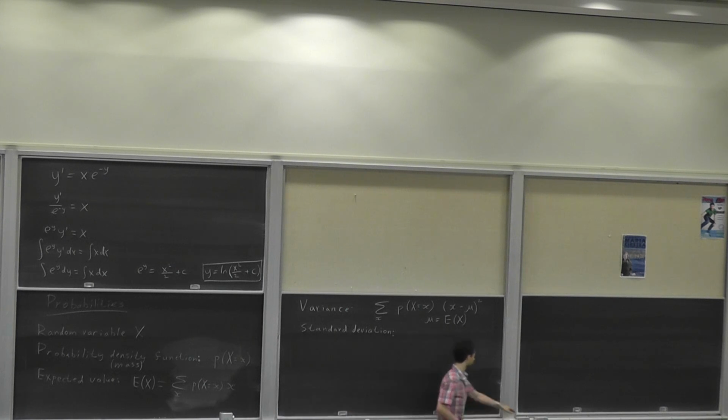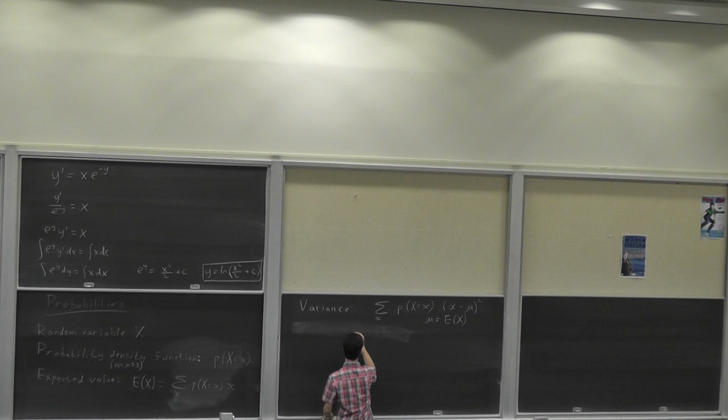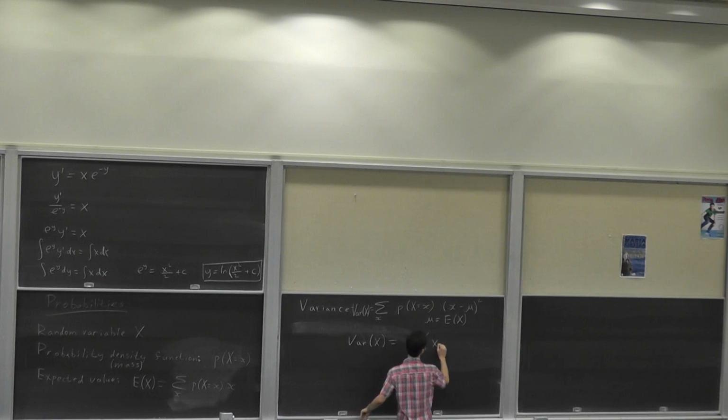In other words, this is called the variance of x. You can write that the variance of x is in fact the expected value of (x minus mu) squared.